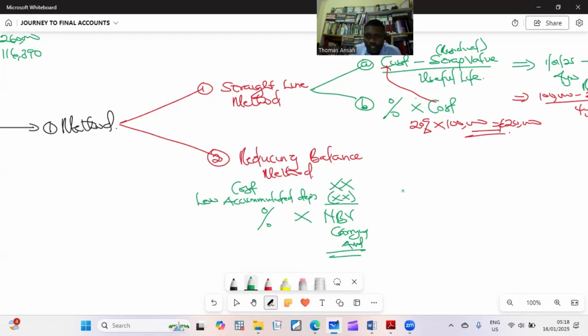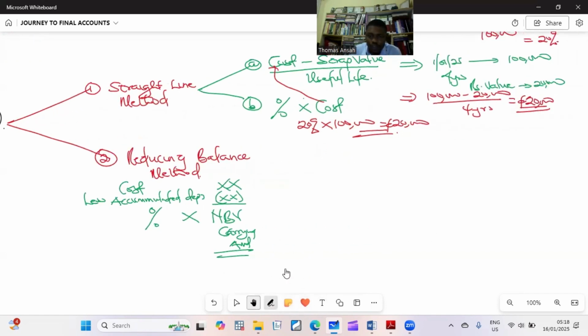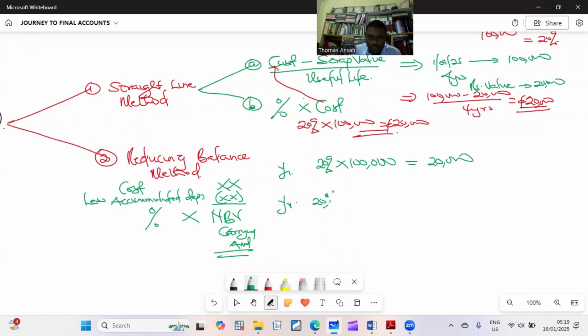Let's say this is our asset, using the example we just did: 20% on 100,000. The first year of reducing balance is usually done the same way as the straight line method, so year one gives 20,000. In year two, you take the 20% multiplied by cost minus accumulated depreciation.